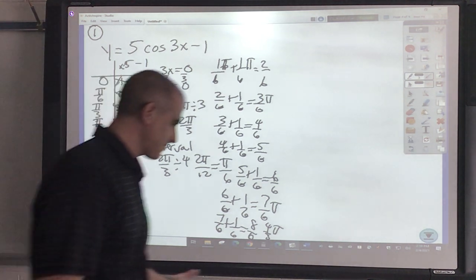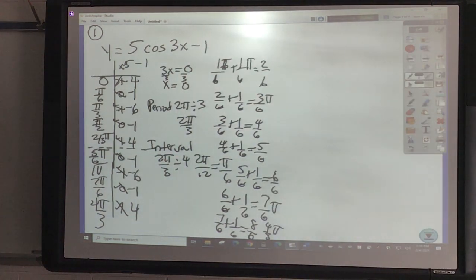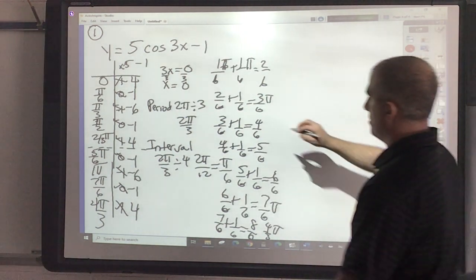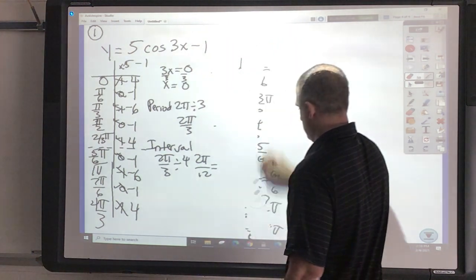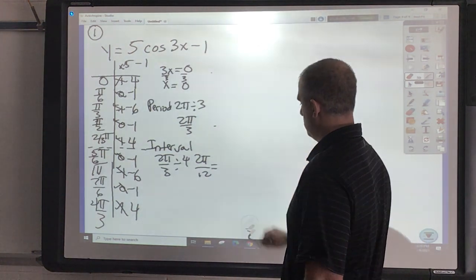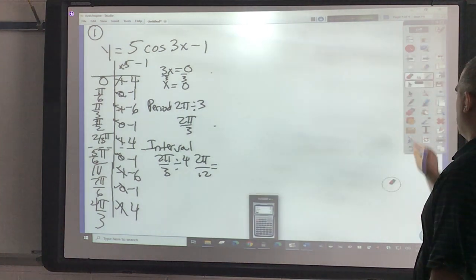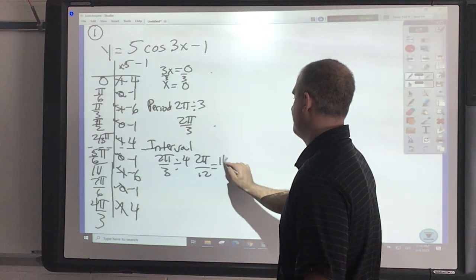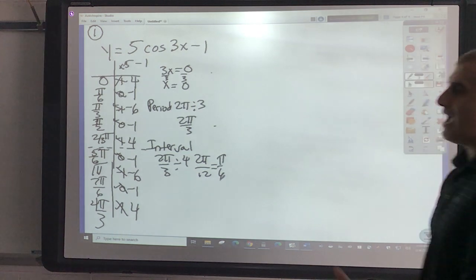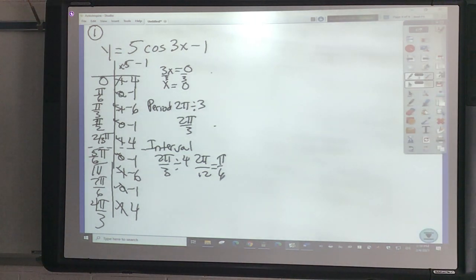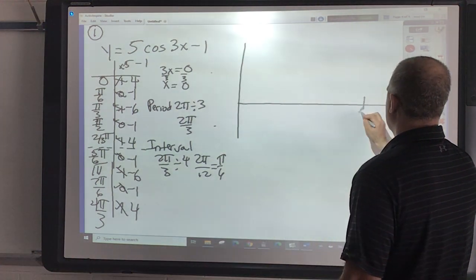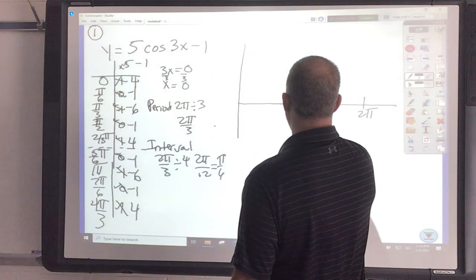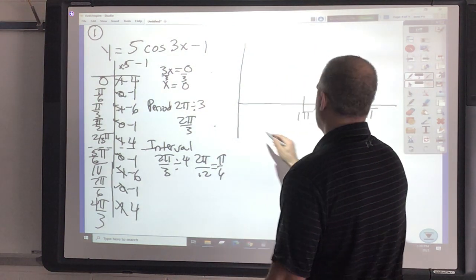Okay, I'm going to get rid of the fraction war over here. So, how do we graph? As you can see, I'm going from 0 to 4/3 pi. I'll make this real big. About halfway there would be 0.